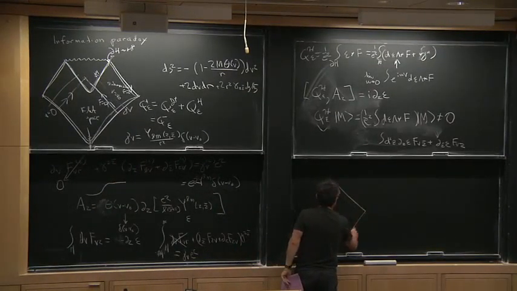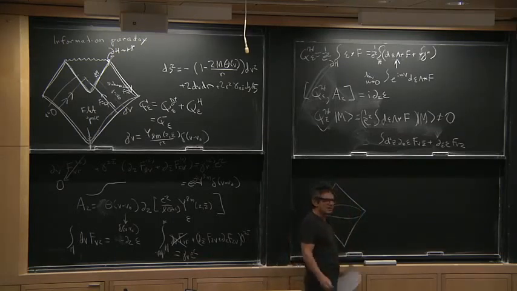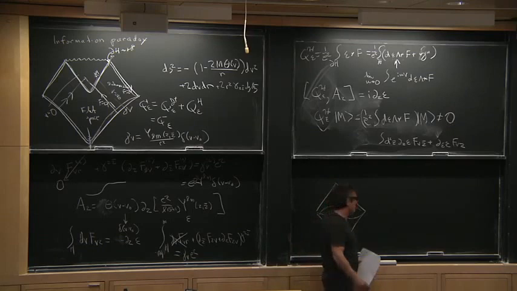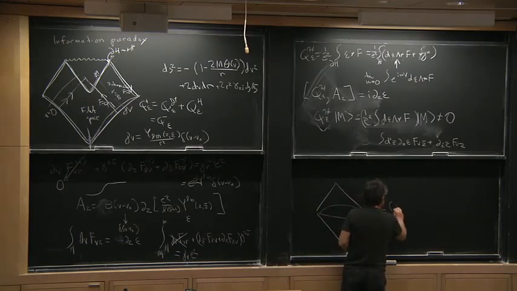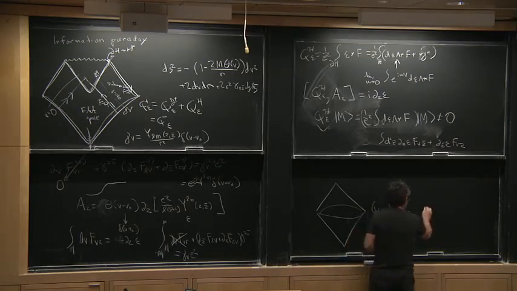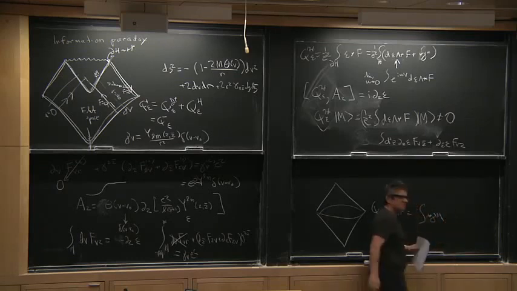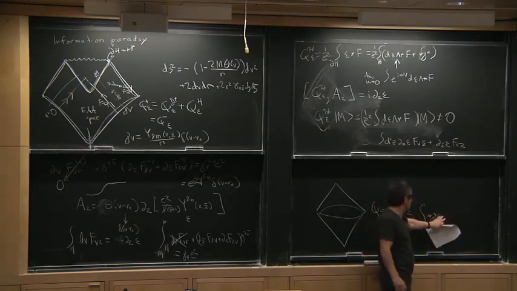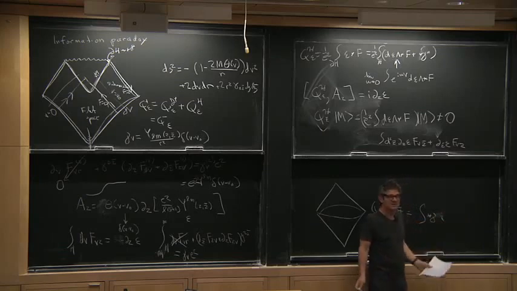In your logic, you don't like the formula that the total charge, which is equal to the integral of star f at Scri plus minus, is equal to the integral of the matter current.